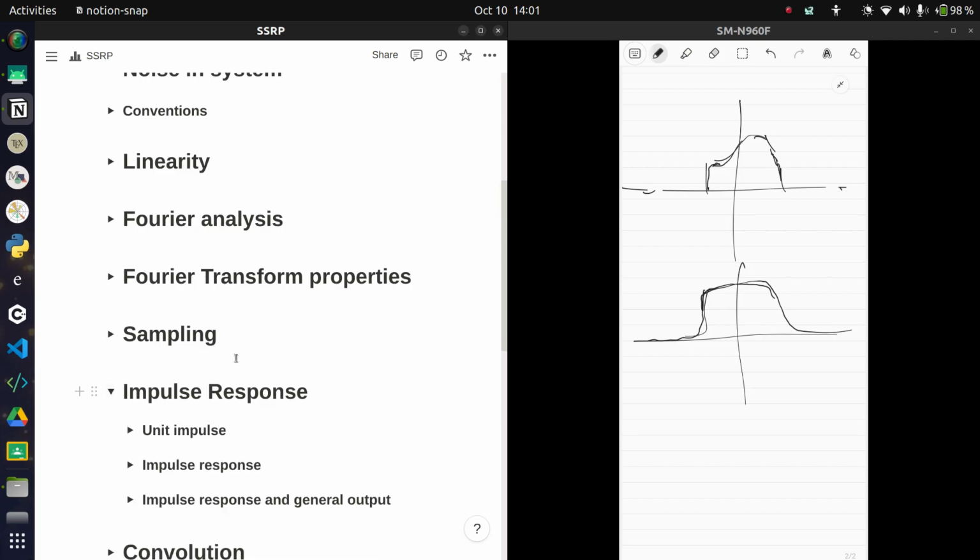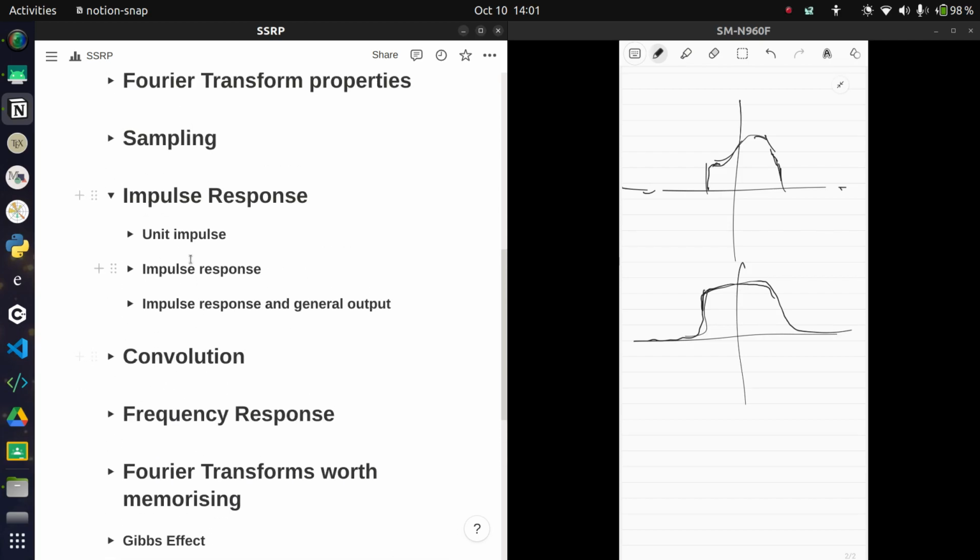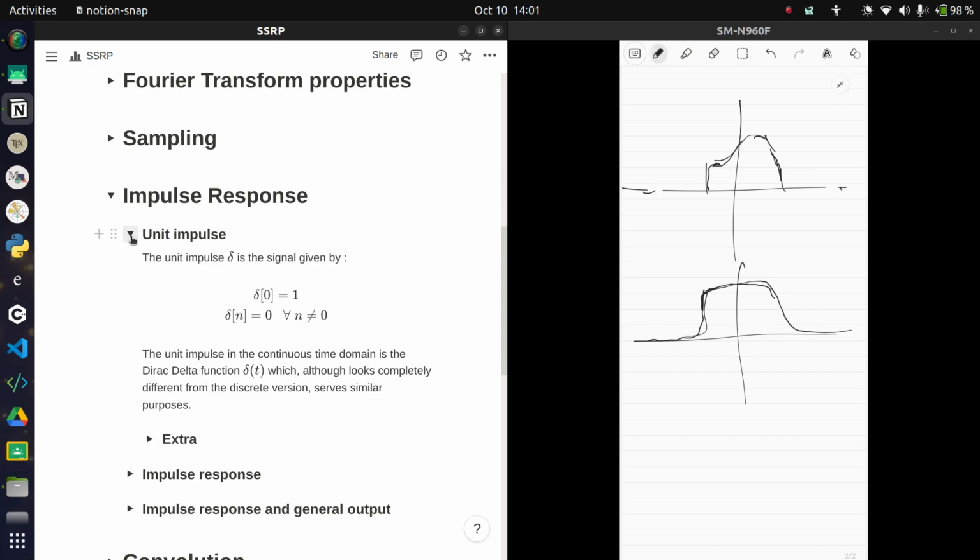Okay, let's go straight into the meaty topics. I talked about impulses, right? What is an impulse in a discrete signal though? For a continuous signal, it's just a Dirac delta function. For a discrete signal, an impulse is something that's 1 at 0 and 0 everywhere else. Or for shifted impulses, it's 1 at some certain n and 0 everywhere else.